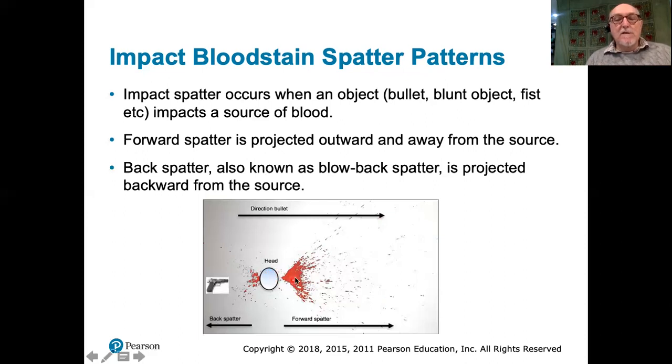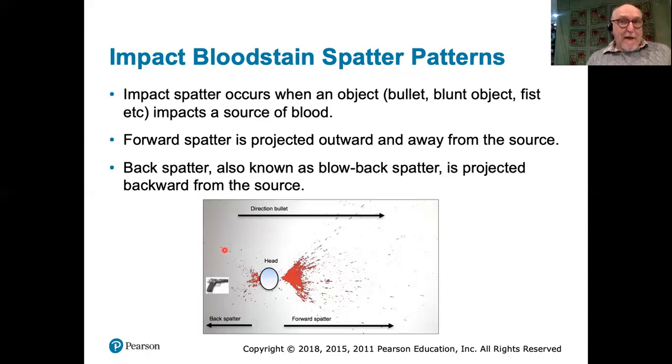That is spatter caused as a bullet, for example, leaves the body and carries material forwards in the direction of the bullet. But especially with high impact spatter, there is also back spatter. The entry wound here has also bled, and the forces in a gunshot wound, the gases and everything expelled from the skull on impact, project blood backwards in this direction, and that is called back spatter.